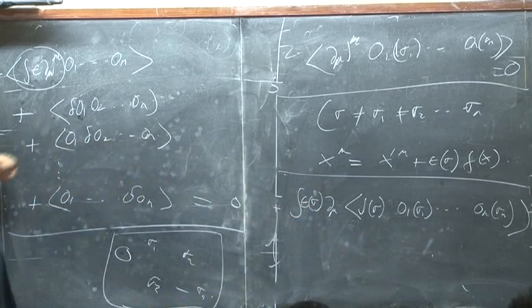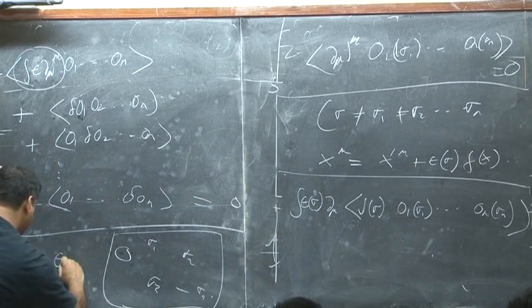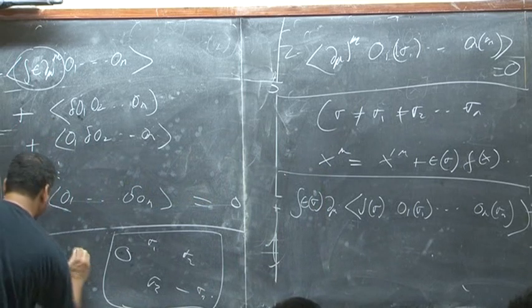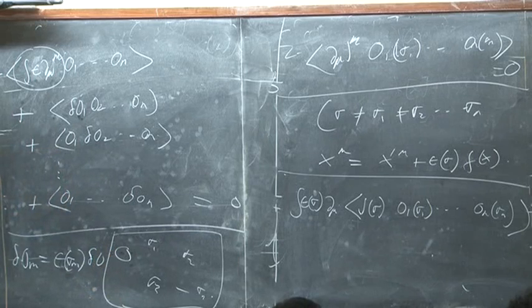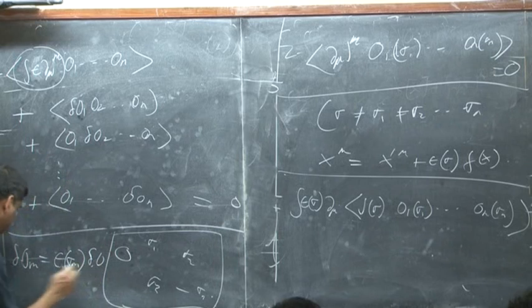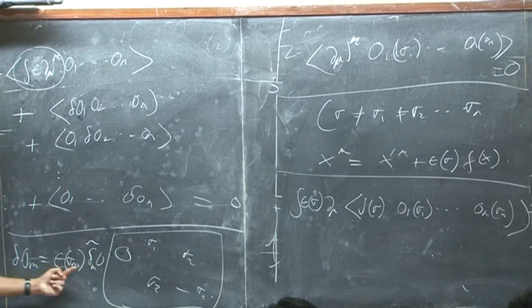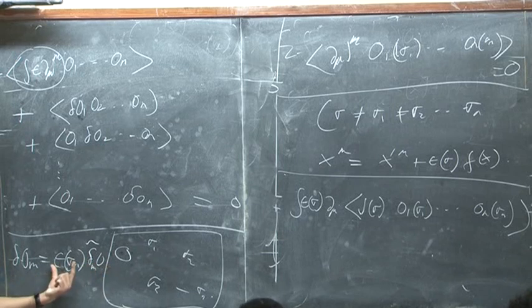In the case of these ultra-locals, delta O m is equal to epsilon of sigma m times some delta tilde O. This is clear, right? It's a first order change, so it's proportional to epsilon at sigma m.